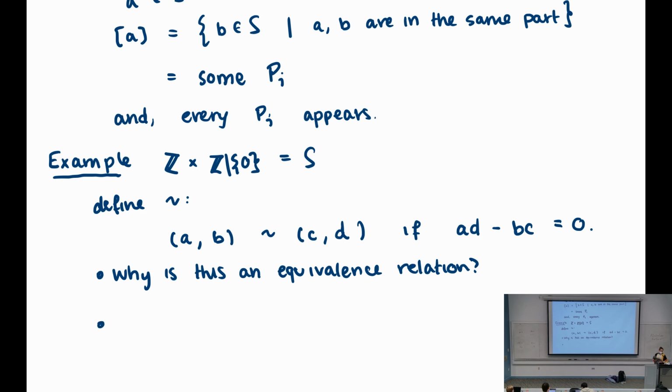Then also, I want you to think about the equivalence classes. My claim is that the class of an element (A, B), you can think of this as being the rational number A/B in Q. Maybe this equal sign comes with air quotes. So why is this true? Why are the equivalence classes equal to the set of rational numbers?